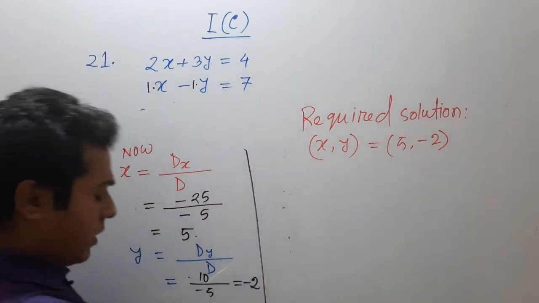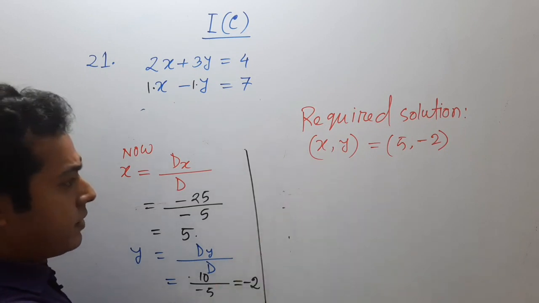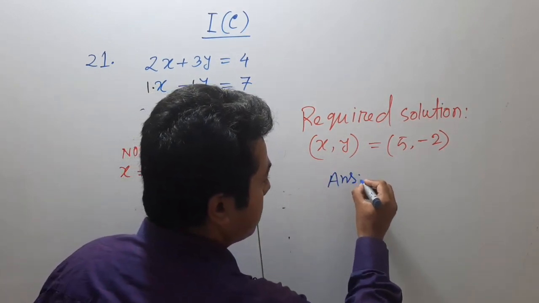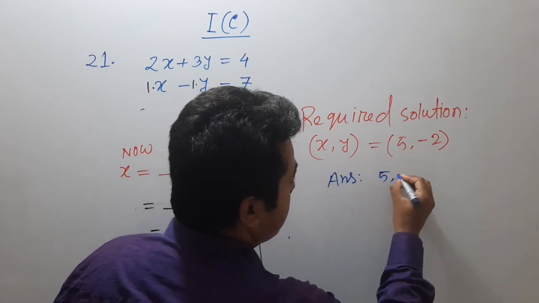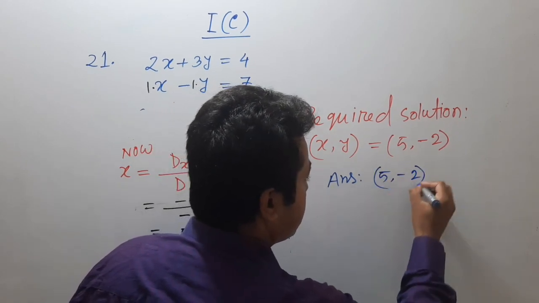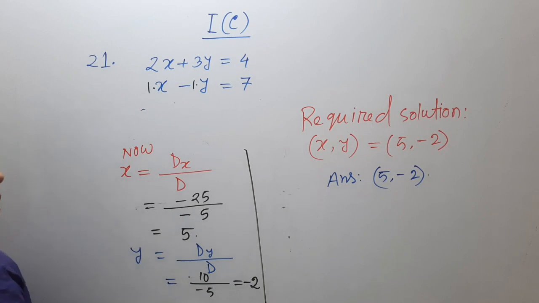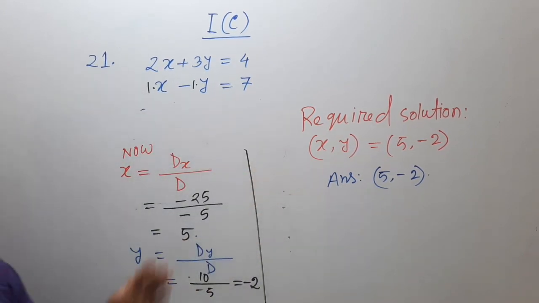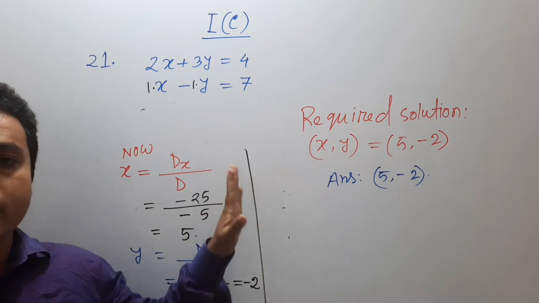Okay, our answer is this: 5 comma -2. This is our solution of this system of equations by the determinant method, which is known as Cramer's rule.